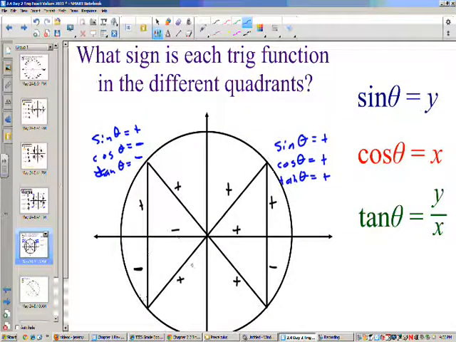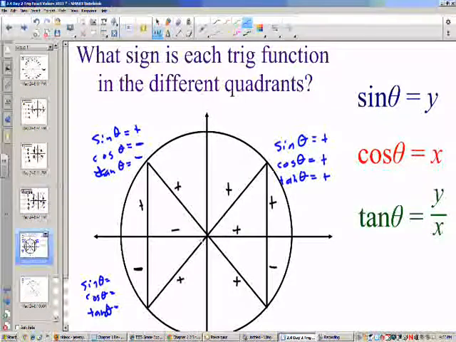Now if we move that to this quadrant, we know that sine is opposite over hypotenuse, so negative over positive will be negative. Cosine is negative over positive, so negative. And tangent is a negative over a negative, which becomes a positive.